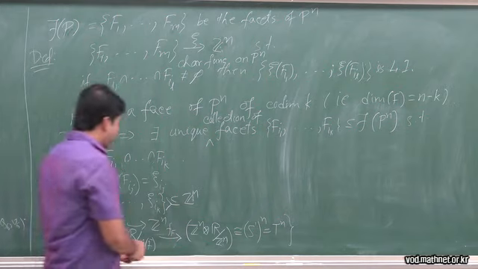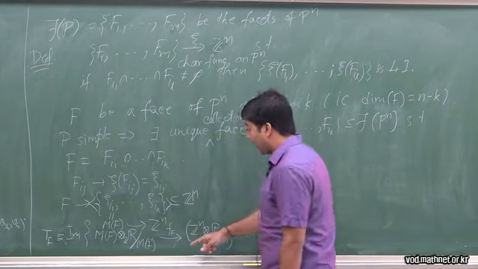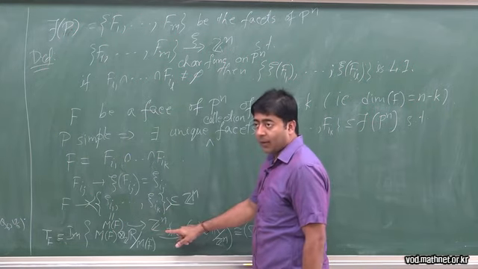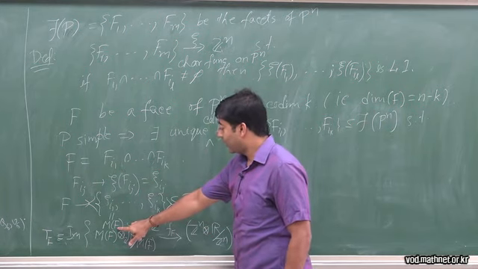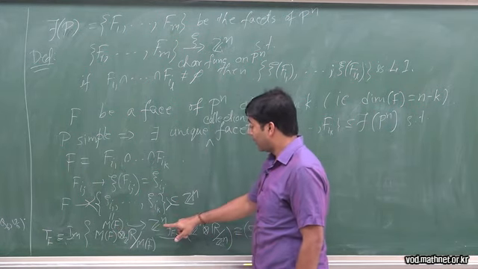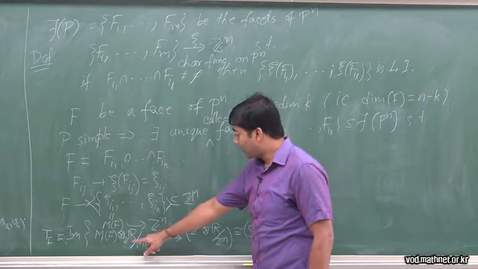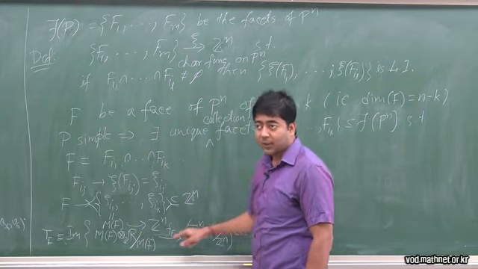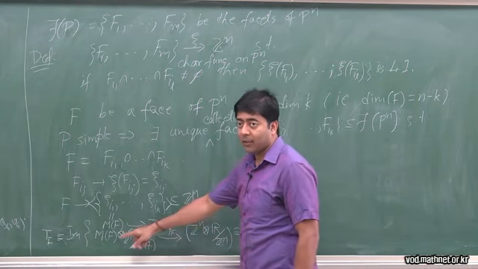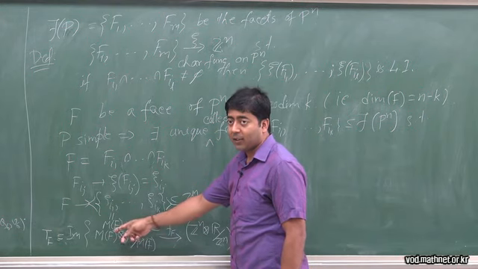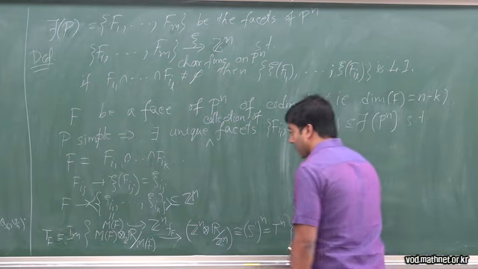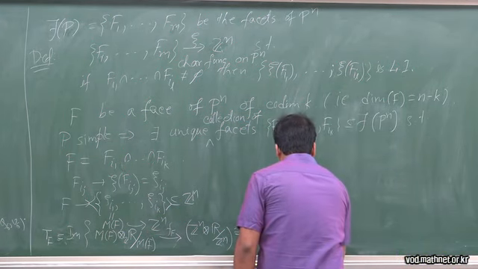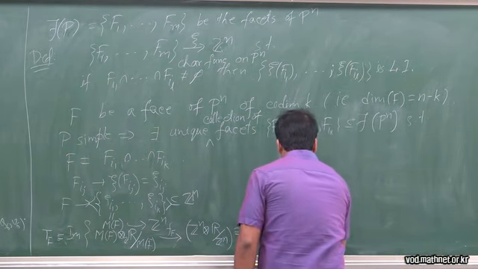For example, if the rank is the same but the modules are not equal, then it becomes a finite covering. That case may happen, but the image will always be a subtorus. So T_F is a subtorus of T^n.